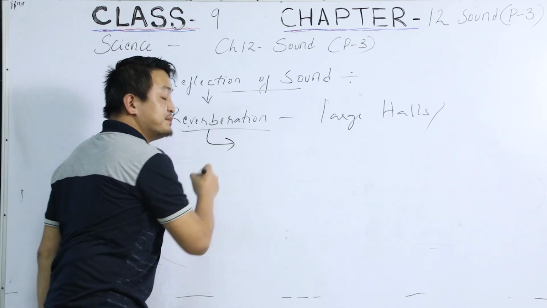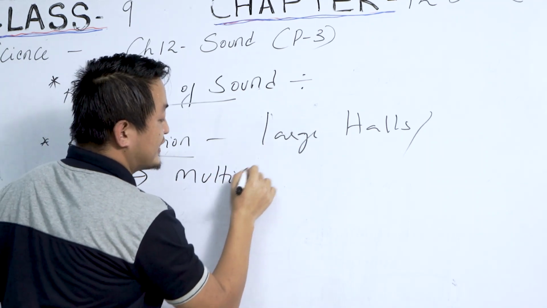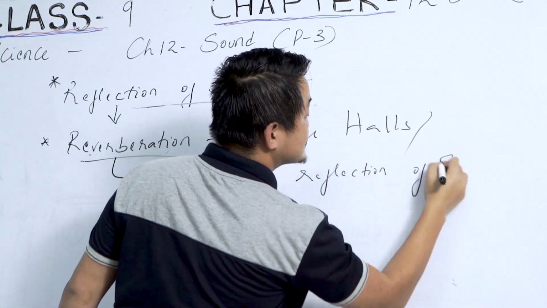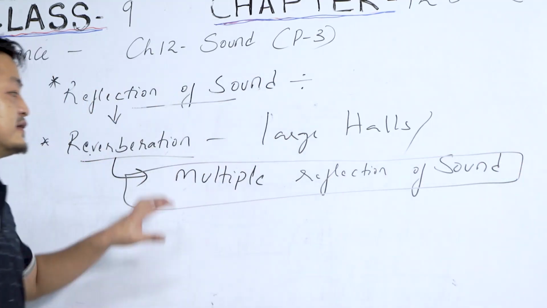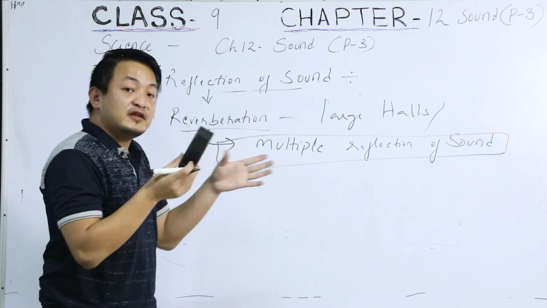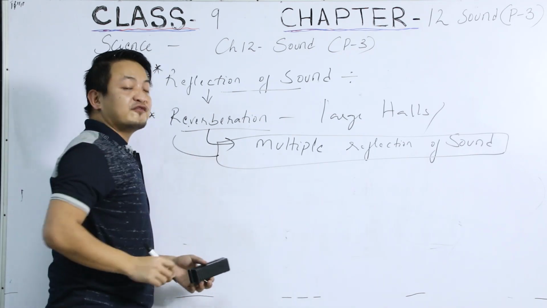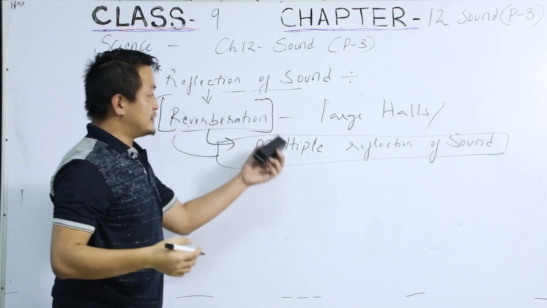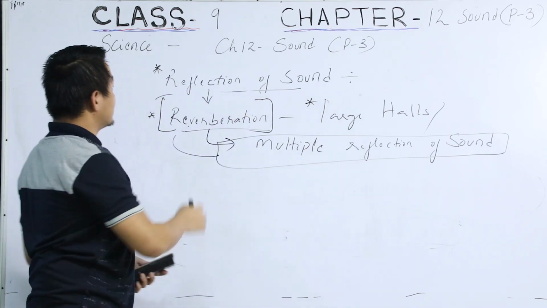In simple words, it is multiple reflection of sound. You get to hear many voices of your own self. That is multiple reflection of sound, known as reverberation, and you will experience it in large halls or a big empty room. Clear? So that is all.